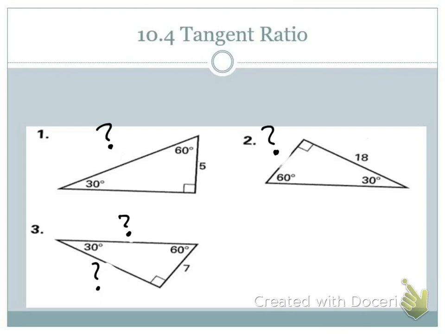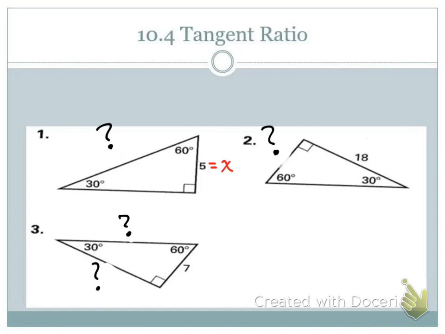All right, when we label 30, 60, 90 triangles, the side across from the 30 we always called X. So across from the 30 is X. They did not ask for the side across from 60, but what do we usually label it as?